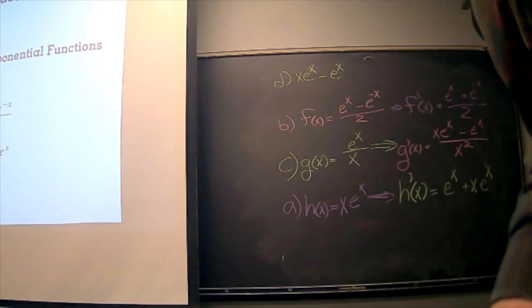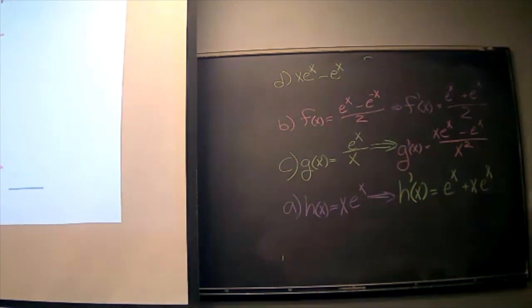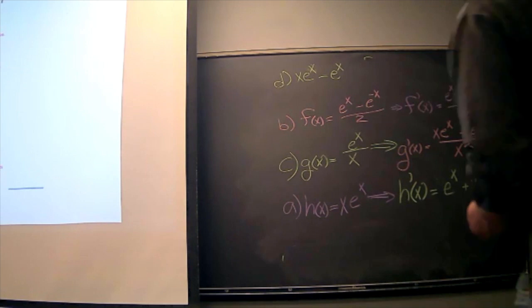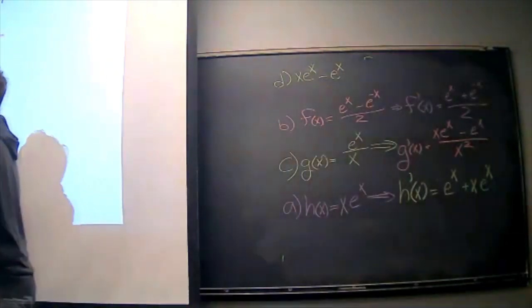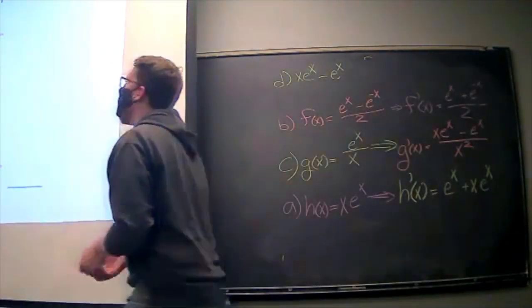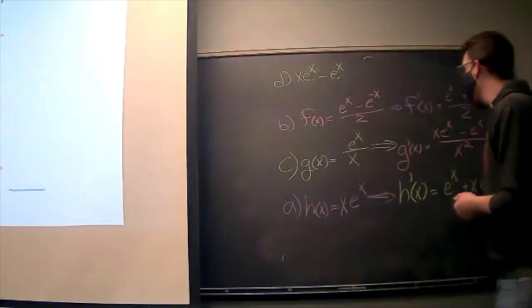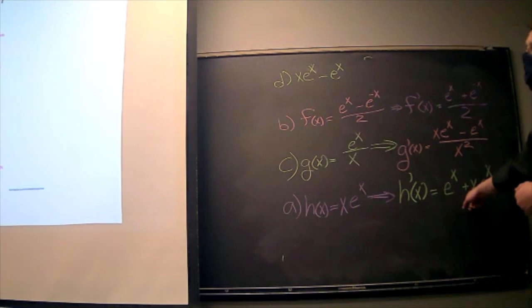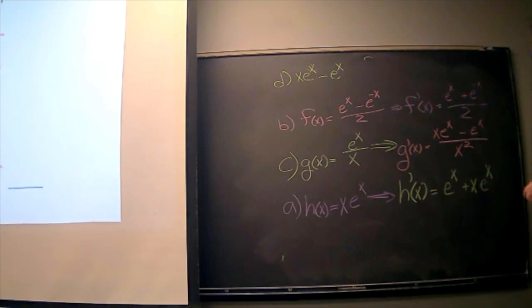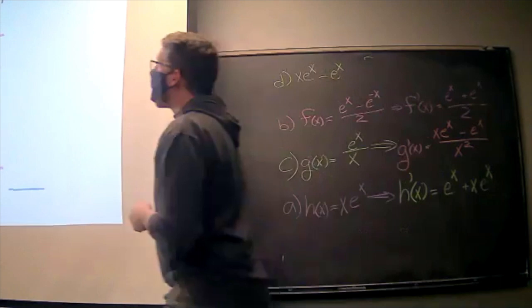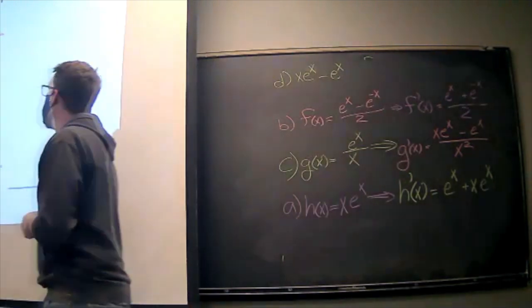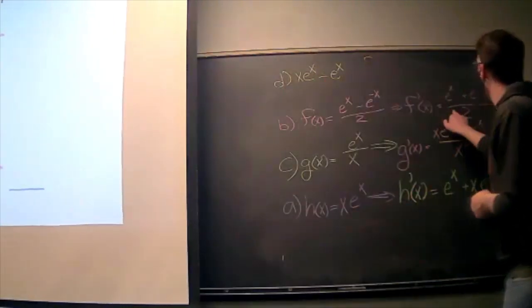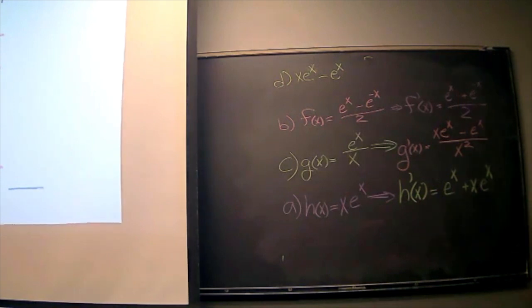So looking at these answers really quick and checking all of our work. For A, I got x e to the x plus e to the x, right? I just wrote it backwards. B is e to the x plus e to the negative x all over 2.